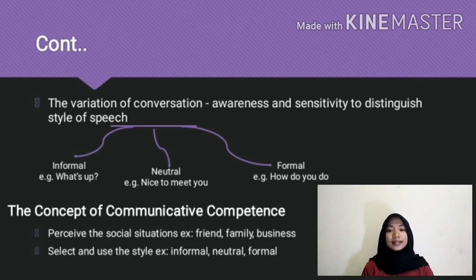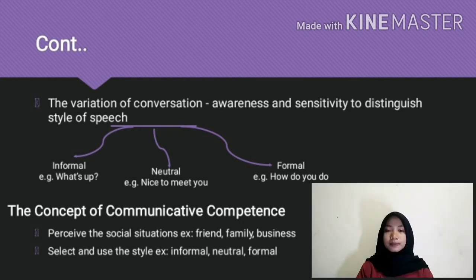And then select and use the style, for example, informal, neutral, and also formal. This means that the coursebook that consists of communicative activities should consider the appropriate style and situation during the conversation.